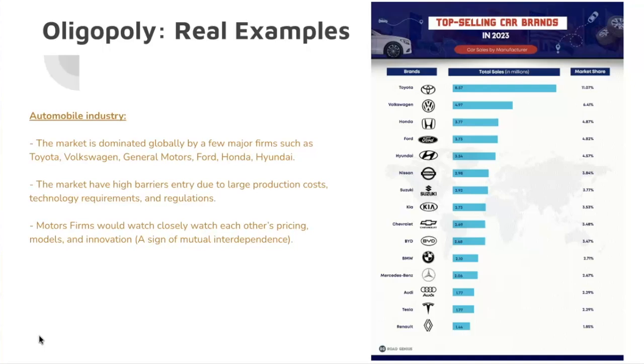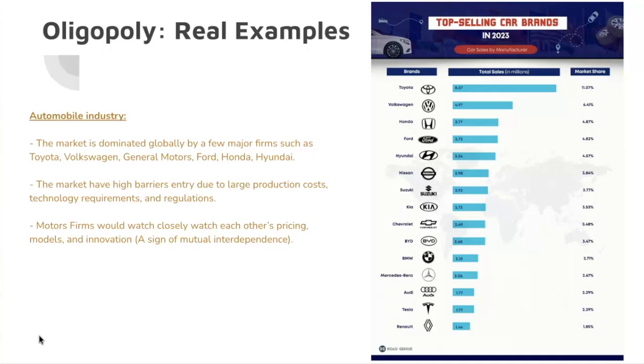The interdependence is evident, though. When Tesla pioneered new electric vehicles and achieved premium pricing for them, the traditional manufacturers responded with their own EV programs. When one manufacturer offers 0% financing, others quickly match it to avoid losing market share. These firms constantly monitor each other's pricing, new model releases, and technology innovation.